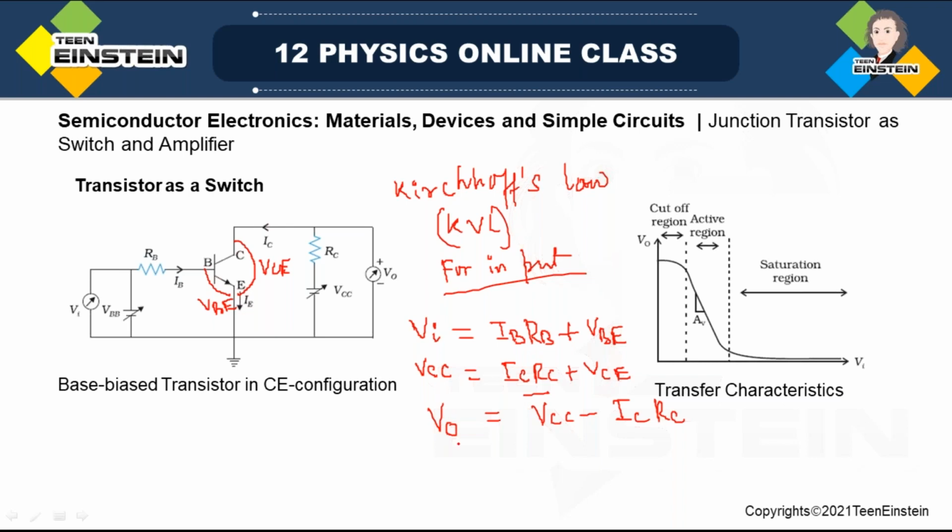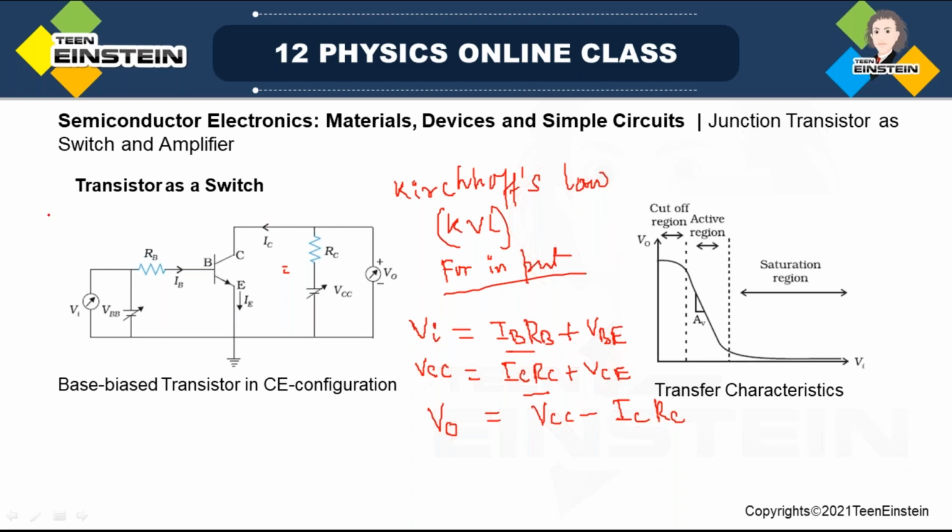Okay. So now one thing you can see is that this input voltage actually will drive the current, this one IB. When the current IB is there, and if that is sufficient to switch the transistor on, then there will be output current also.